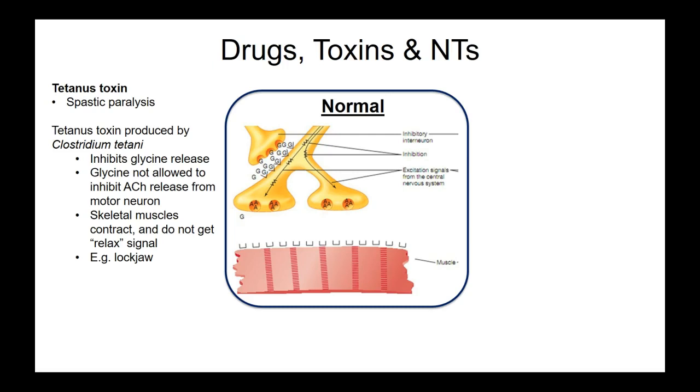Turns out, in order for not too much acetylcholine to be released, there's a neuron that puts the brakes on that motor neuron, right? And so that's this neuron here that releases an inhibitory neurotransmitter that makes sure we don't release too much acetylcholine.